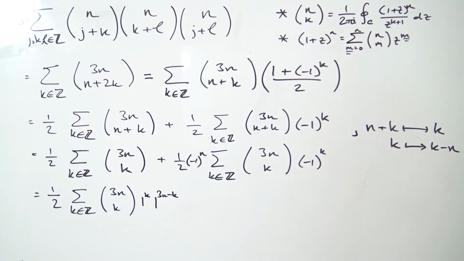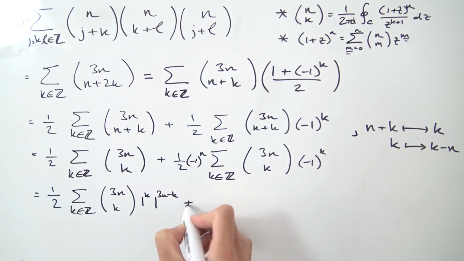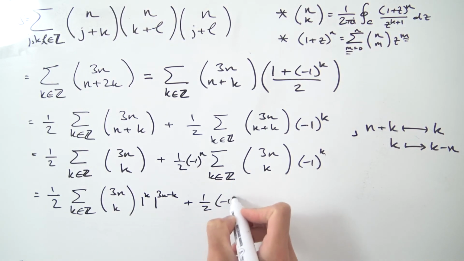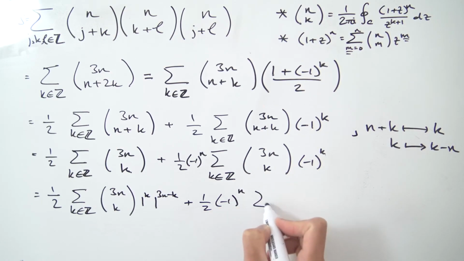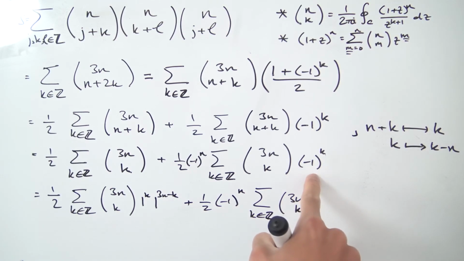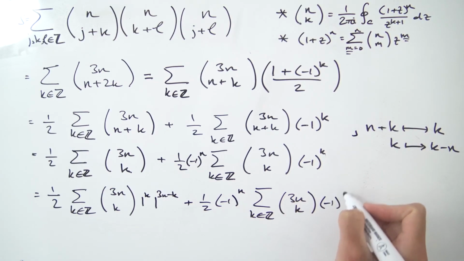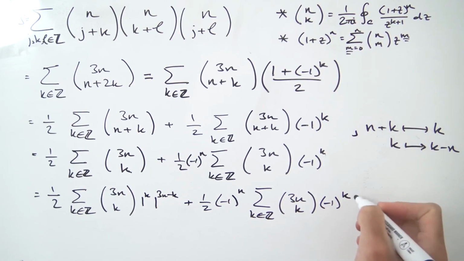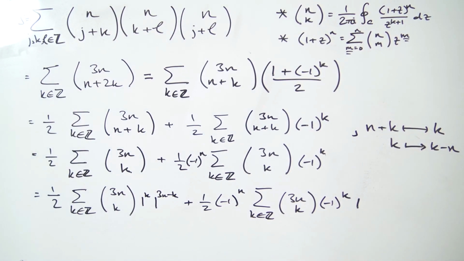So hopefully you see where this is going. And then we have plus 1/2 times minus 1 to the n, sum over k over the integers, 3n choose k, times minus 1 to the k, which is good to have, but we're missing a 1 raised to the 3n minus k. So notice both of these are binomial expansions, so we can collapse them.